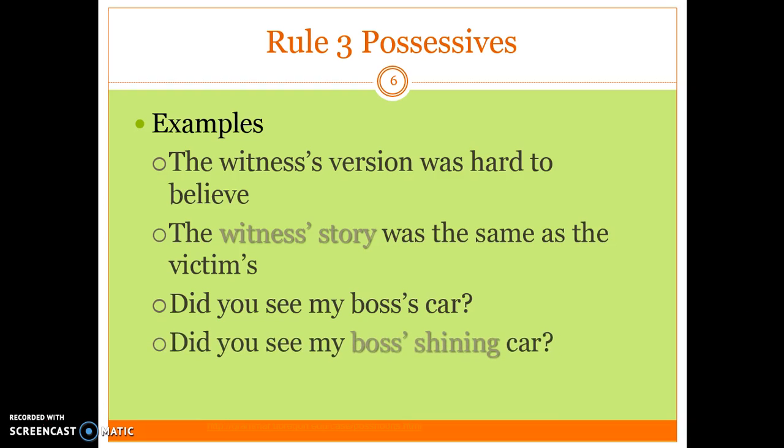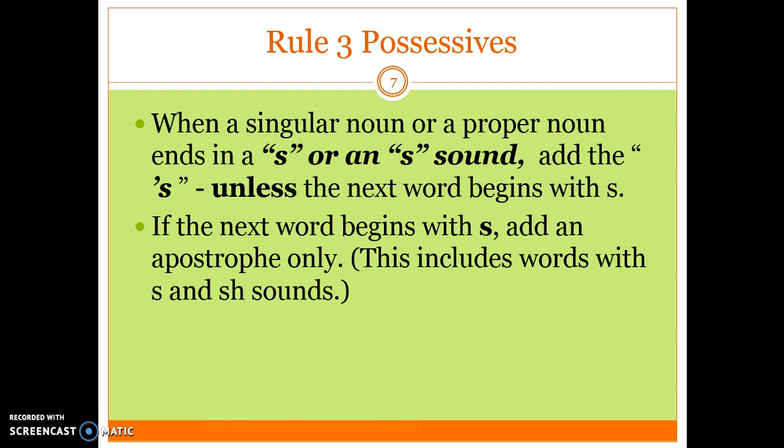Now, if you have, did you see my boss' shining car? Shining begins with an S, so you don't add the extra syllable because there are too many S's and it makes it convoluted. Again, when a singular noun or proper noun ends in an S or has an S sound, you add an apostrophe S unless the next word begins with an S.